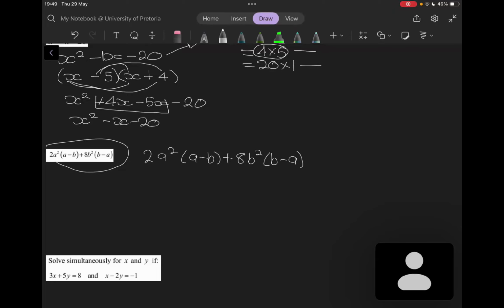We can see that this over here is the same as that, except that this is multiplied by minus 1. That's why it's swapped around. And you'll see what exactly I mean by that. If we get b minus a, and you distribute negative 1 in, we end up with minus b plus a, which is the same as a minus b. That is the same as this.